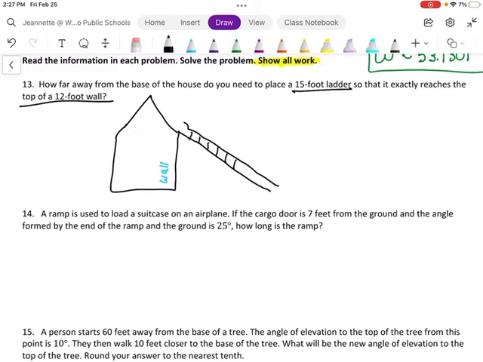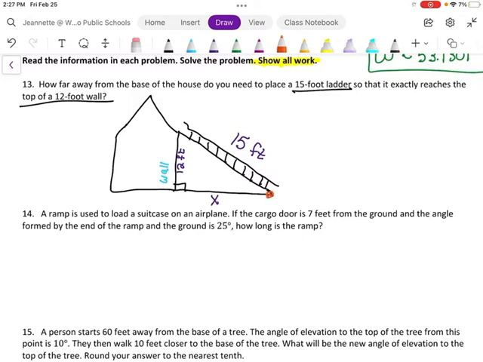So there's my ladder, leaning up against the house. Remember, the house and the ground always are going to form a right angle. And they want us to solve for how far away from the base of the house, which would be down here, do we need to put a 15-foot ladder. And it reaches the top of a 12-foot wall.